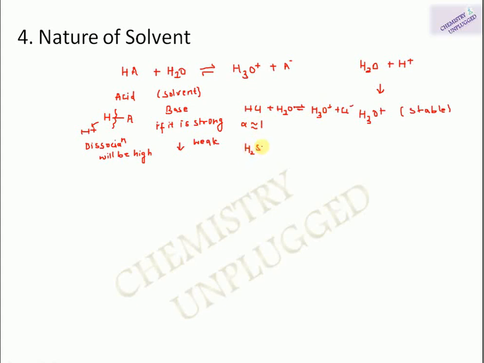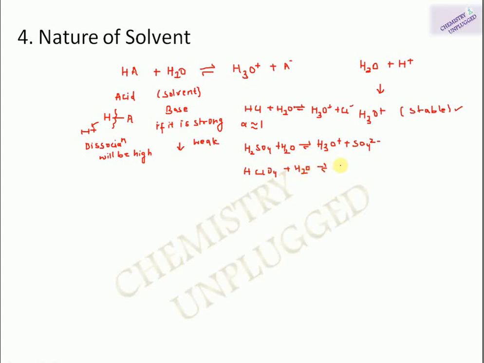When I am using water, the dissociation of the acid is almost complete, because the hydronium ions formed are very stable. Therefore, for all the strong acids like HCl, H2SO4 and HClO4, the degree of dissociation is almost 1.